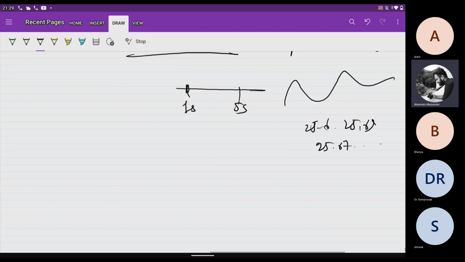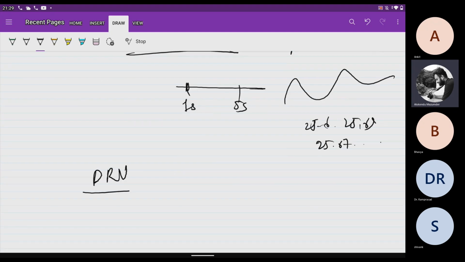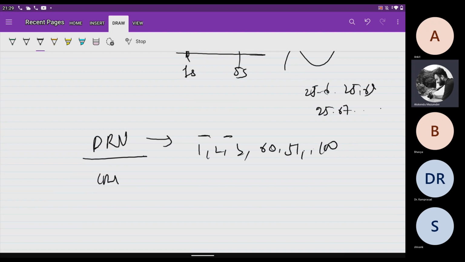But discrete random variables are supposed to take only discretized levels, so it can be 1, 2, 3, 60, 50, 100. They are only discrete things. But continuous random variables can take any value, 1.1, 1.2, 1.11119, and so on. So continuous random variables are defined on an interval, while discrete random variables are defined over a set.